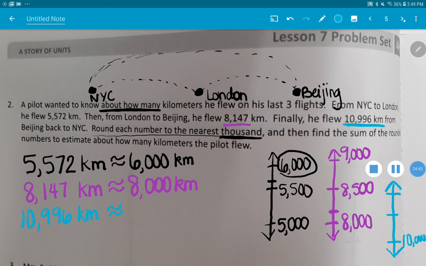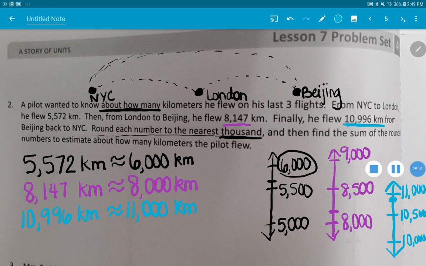What's 1,000 more than 10,000? 11,000. Halfway? 10,500. So where does 10,996 go? Closer to 11,000. It's almost 11,000, isn't it? It's only 4 away. It's really, really close.